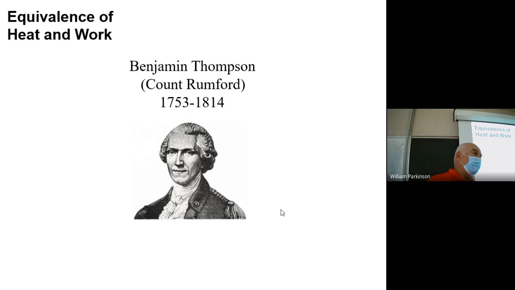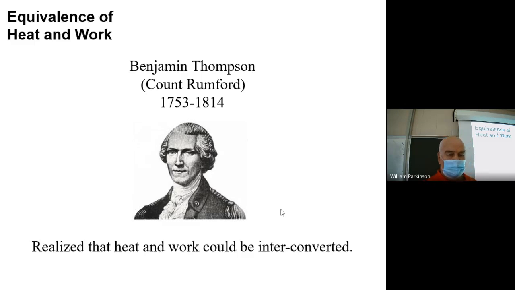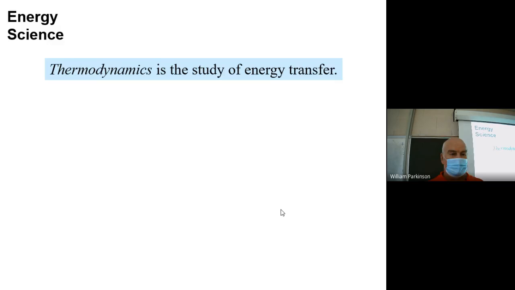Not only can heat be converted to work and work be converted to heat, but what also is true is that literally all forms of energy can be interconverted. And so what developed from this time, from the 1700s, was the so-called science of thermodynamics.